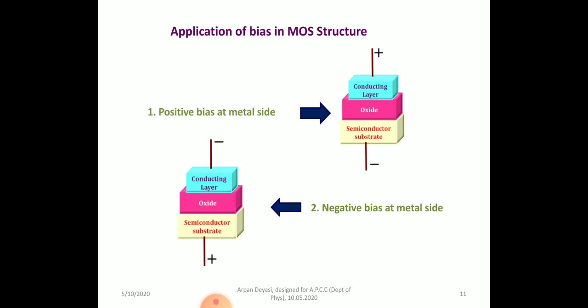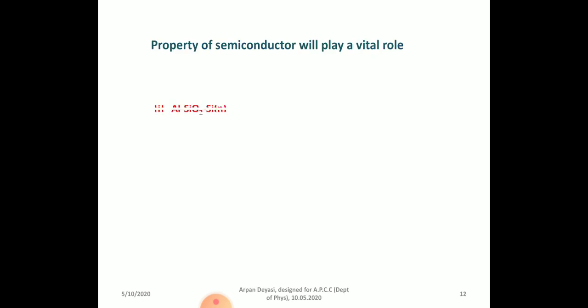conductive material. But at this point, please think, your semiconductor can vary its property based on the nature of doping. You can take aluminum silicon dioxide silicon of N-type.